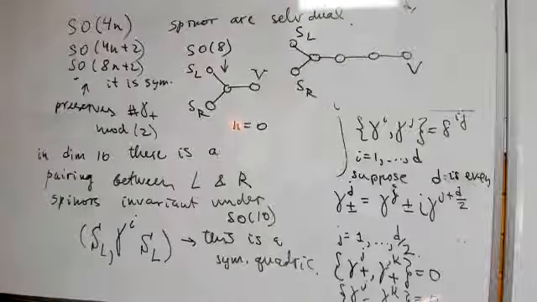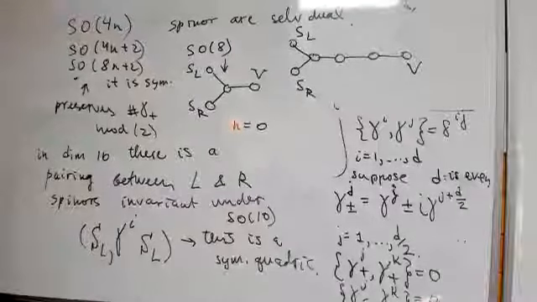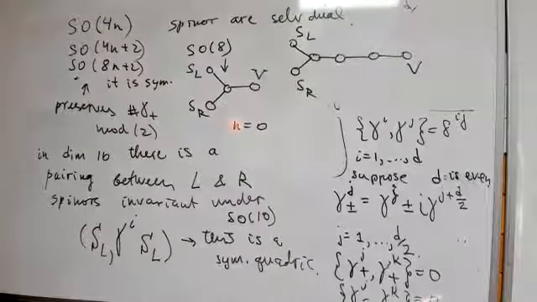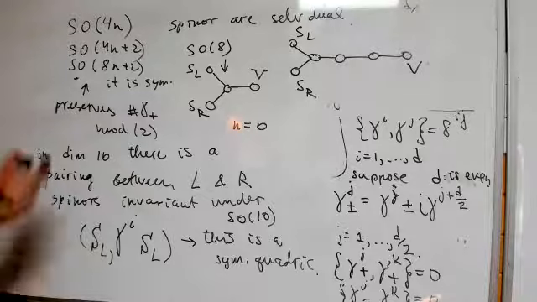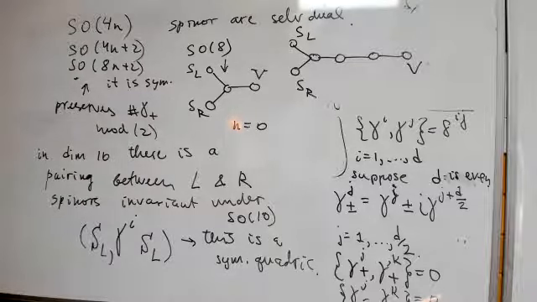You may say plus 1/2 and minus 1/2. And what is gamma in this case? So SO2 is not representative.